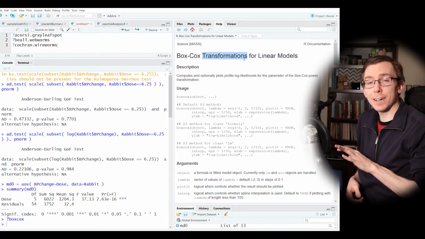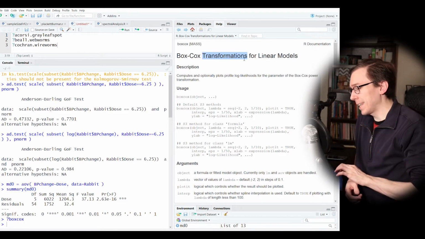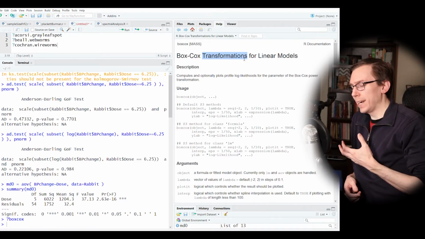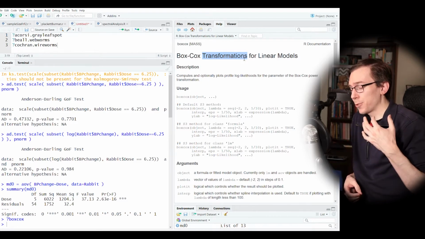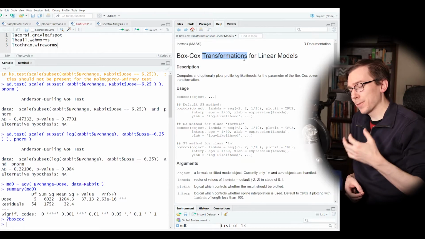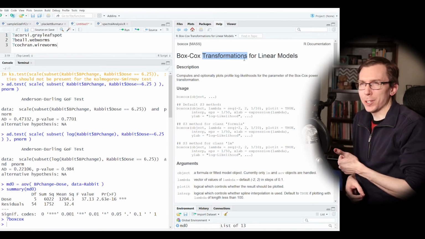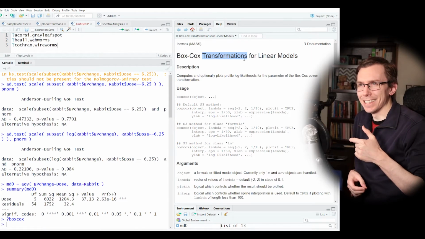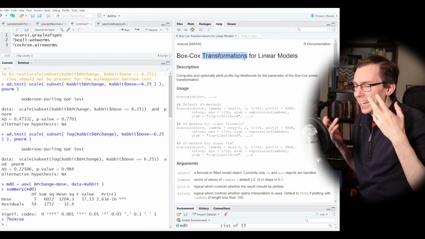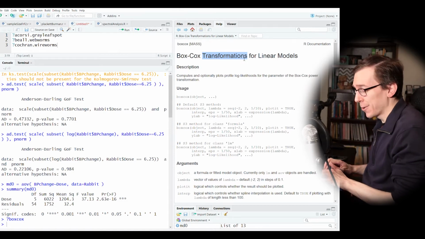This is something that we talked about in the previous lecture. I said that one of the ways you can approach transforming your data is to take the response to a different power. So we tried square root. We tried log, which is kind of like the 0th power. Maybe there's a better power that we can choose.